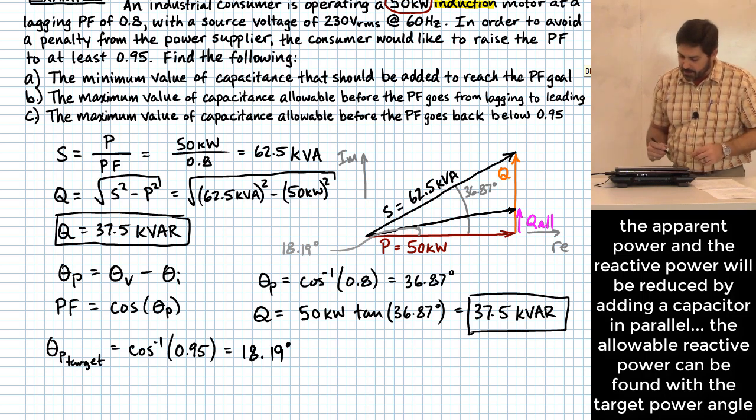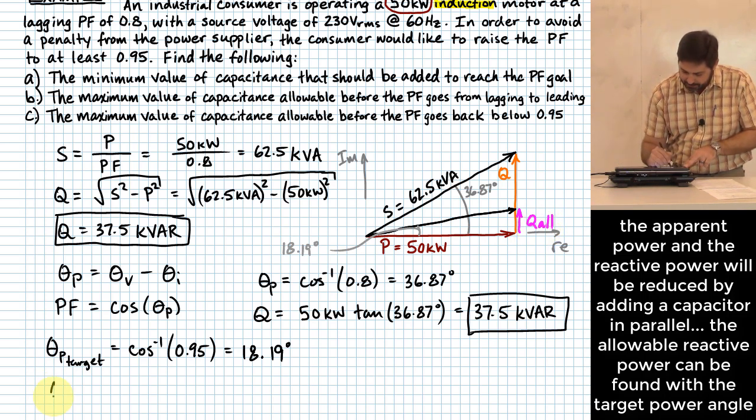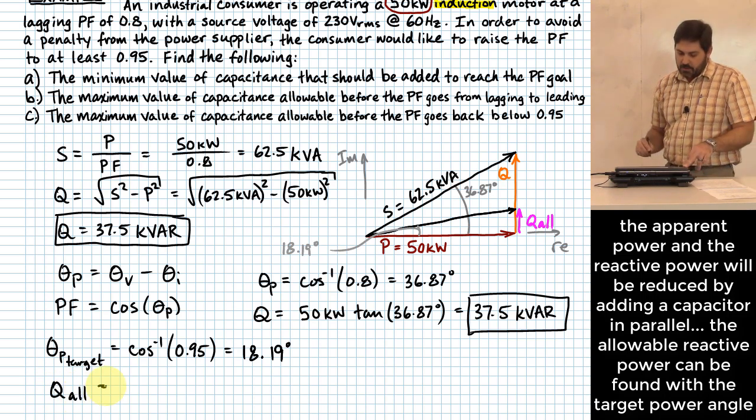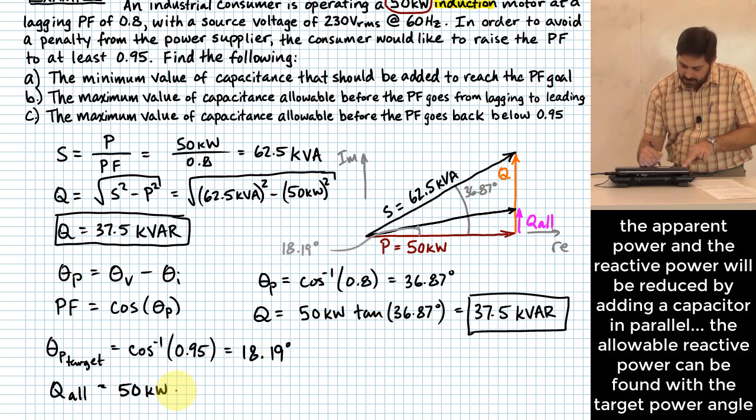Okay, I can do that with my angle approach here by basically saying Q ALL is going to be equal to, you use the same thing I did before, right? 50 kilowatts times the tangent of, this time, 18.19 degrees.